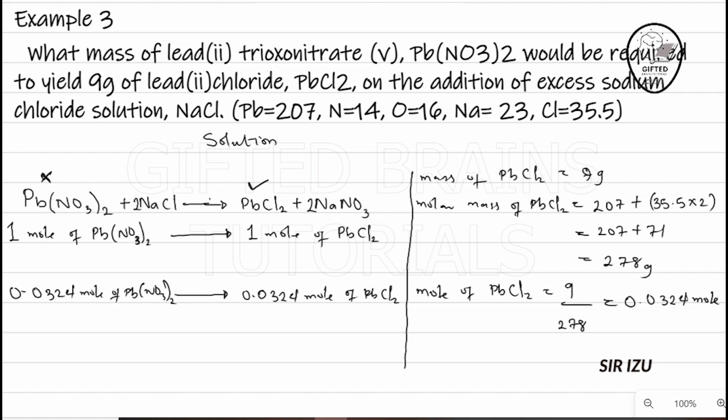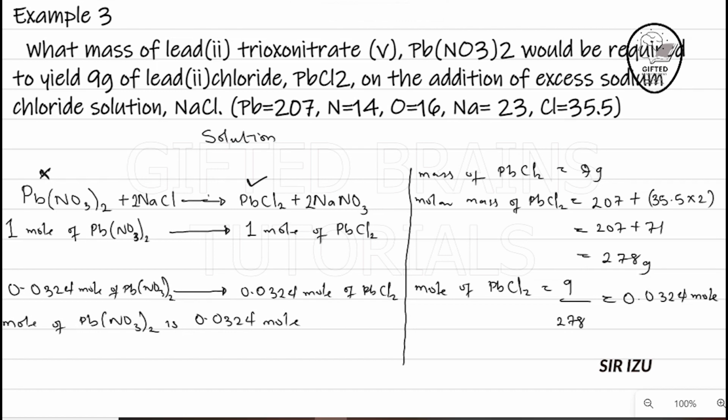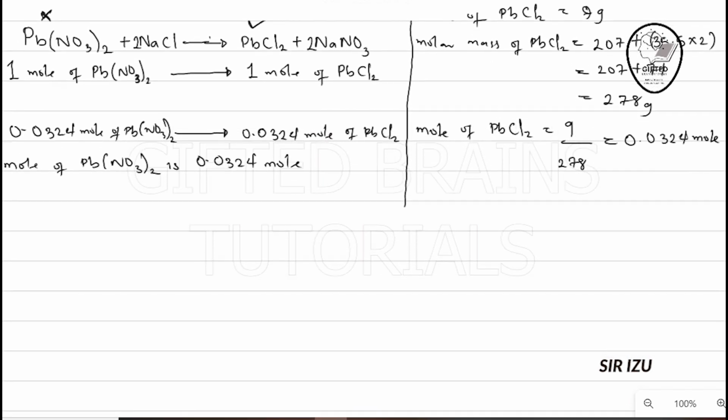So easily I can see that the mole of Pb(NO3)2 is 0.0324 mole. But that's not what we're asked to get. We're asked to actually get mass. So what do we do from here?